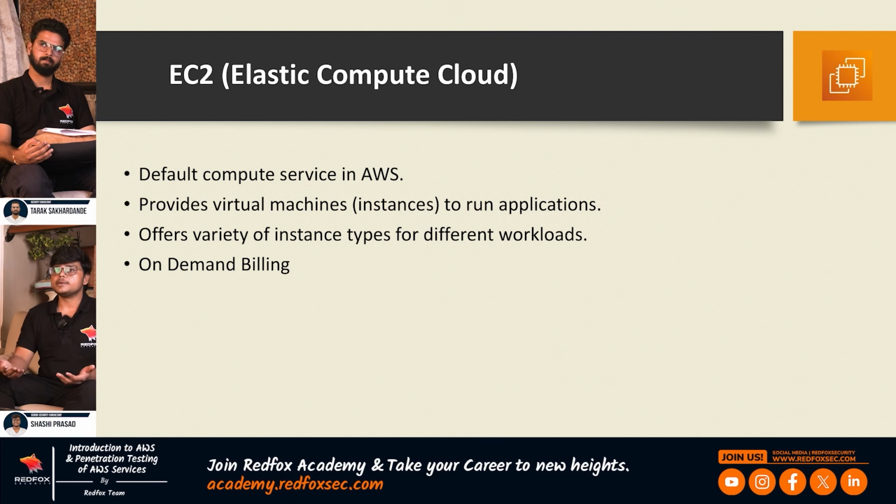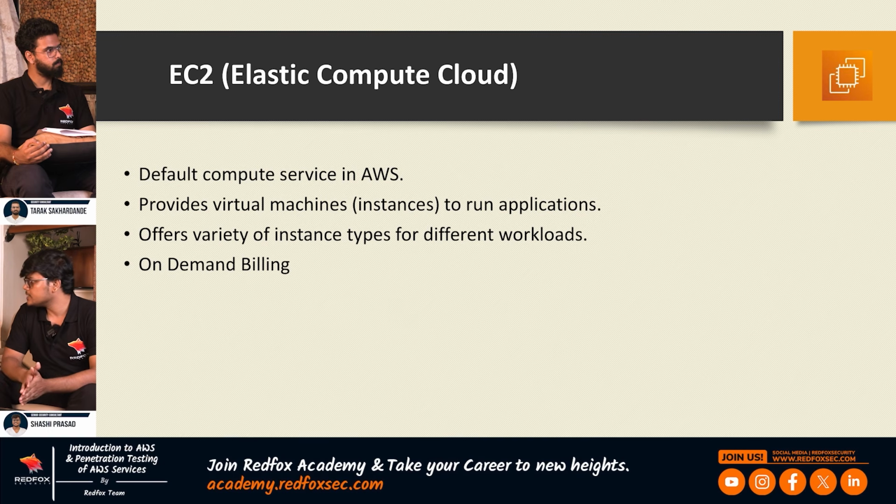Yeah. So let's say the web app is hosted on an EC2 instance, and it is a lightweight app. It doesn't require many resources, right? So AWS offers multiple resource types as well. If you want a heavy load machine, you can opt for that. If you want a small load machine, you can opt for that.